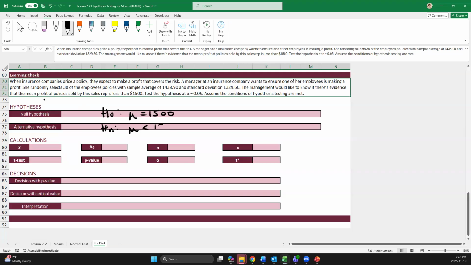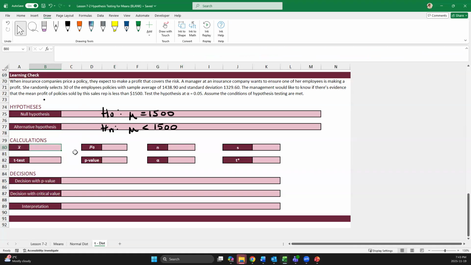And what they're trying to prove is that the policies sold by the rep are actually less than 1,500. How we can prove that is by using our hypothesis testing procedure, where the sample average from the question should be 1438.90, sorry.